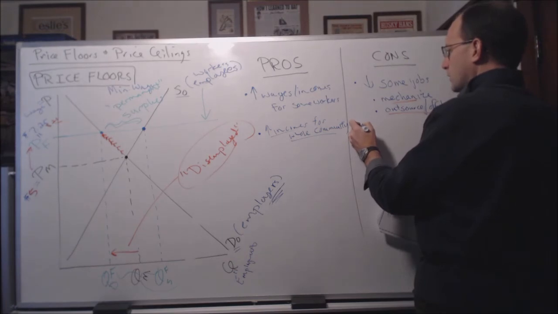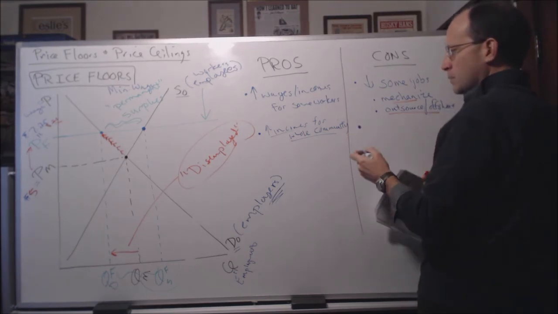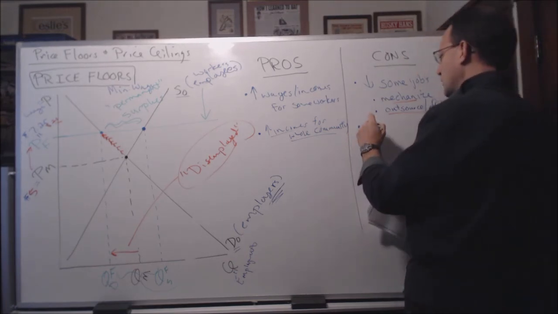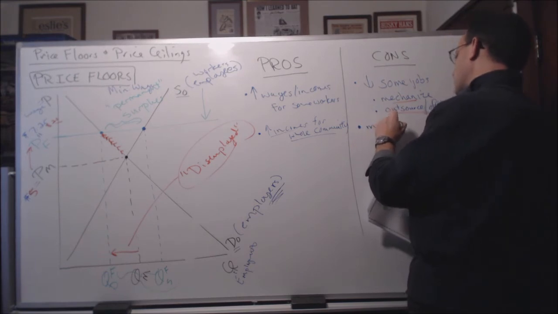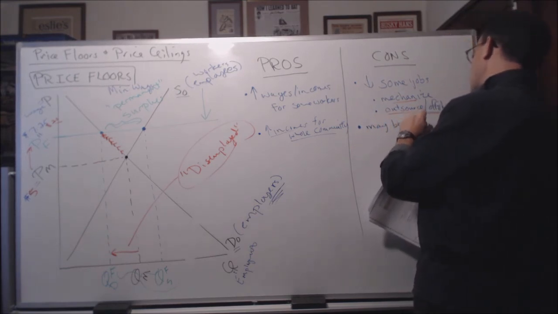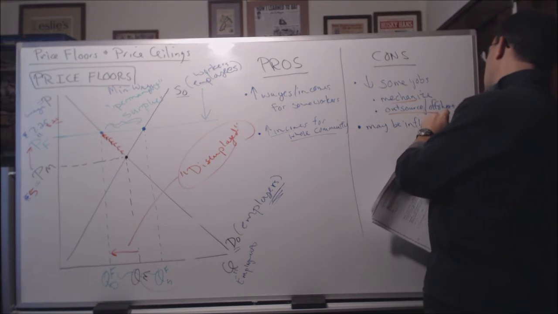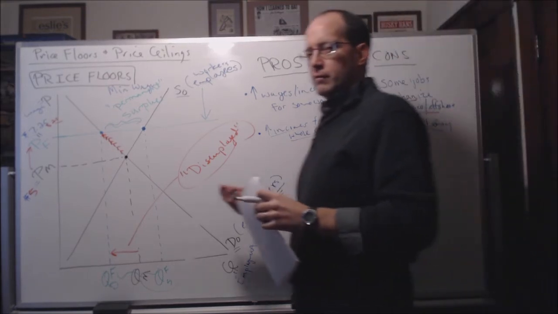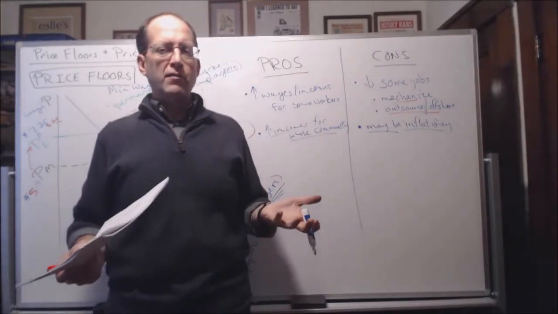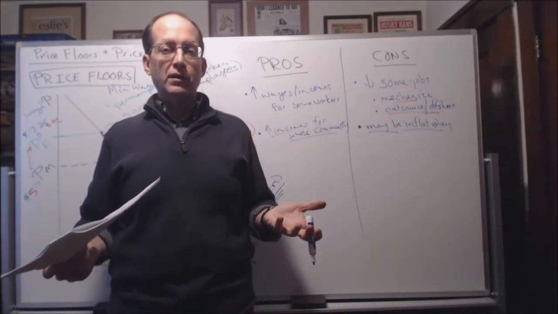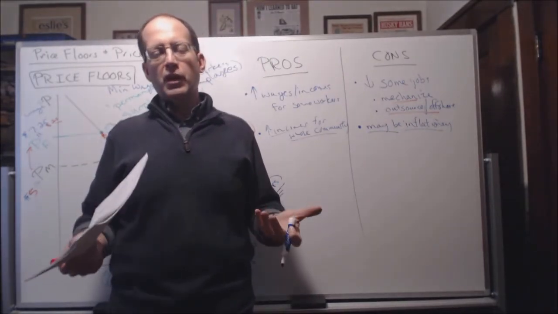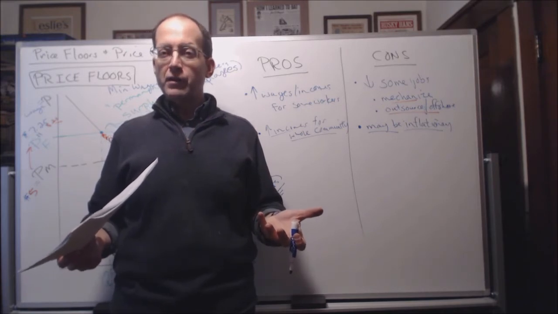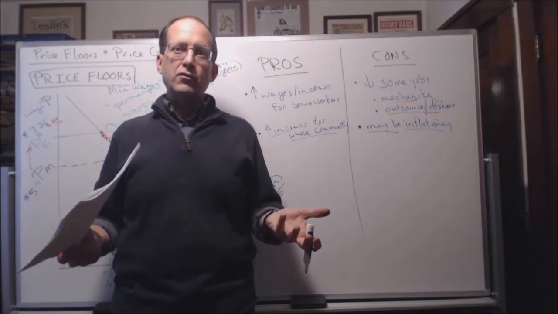The people against the minimum wage being raised say, yeah, but you know what? That could just be inflationary. Maybe inflationary, because think about it, if most people in the community have more dollars in their pockets, but they aren't producing any more real stuff, then those additional dollars don't go any farther.